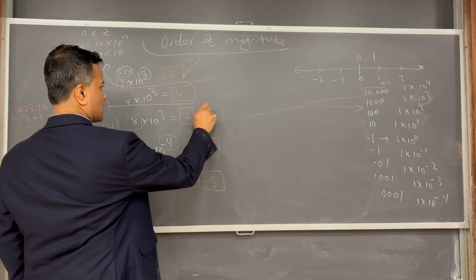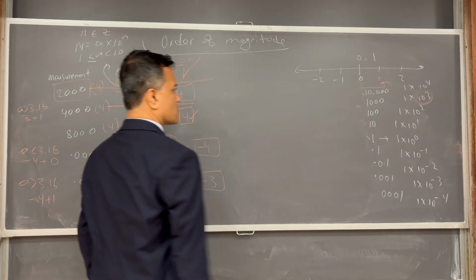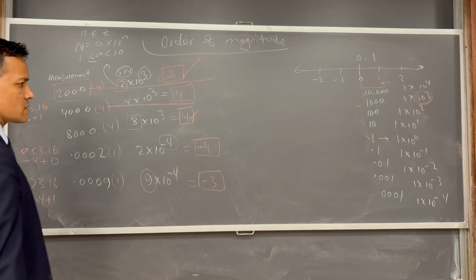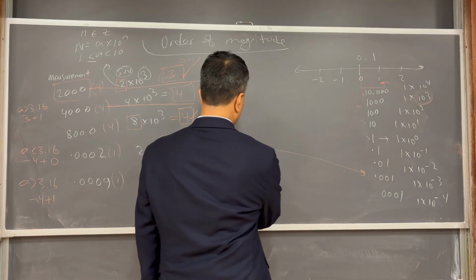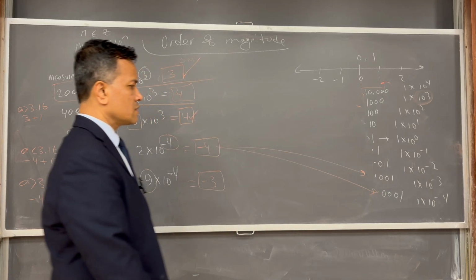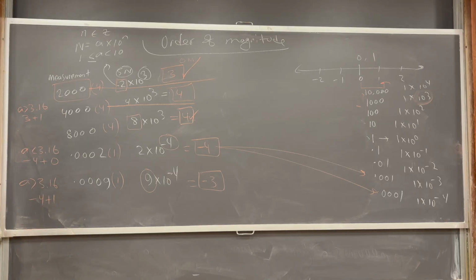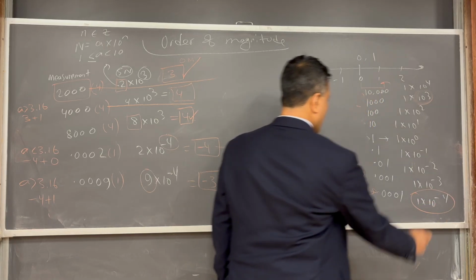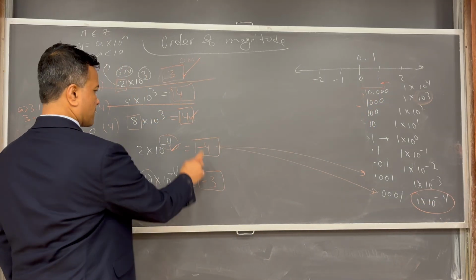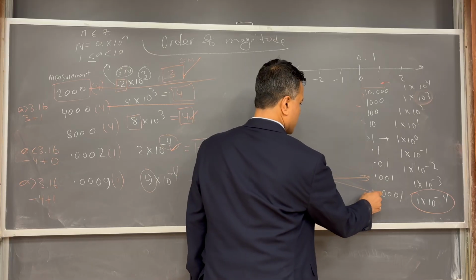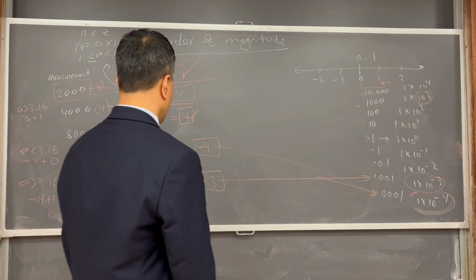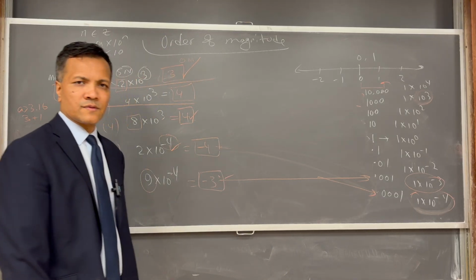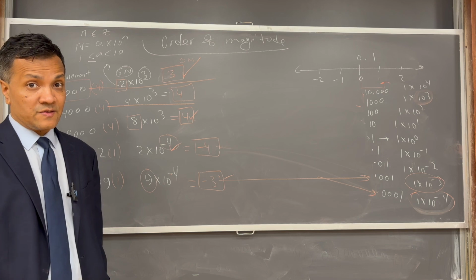So check. 0.0002 is close to this or that? 0.0002 is close to this, and our answer checks. Of course, it's close to this one, and that's what our answer gives us. Okay, so the answer does make sense.